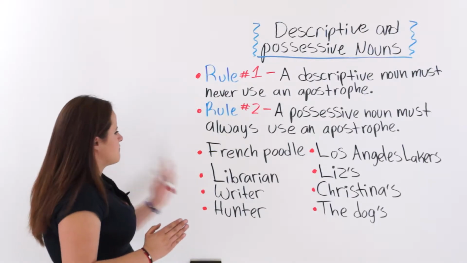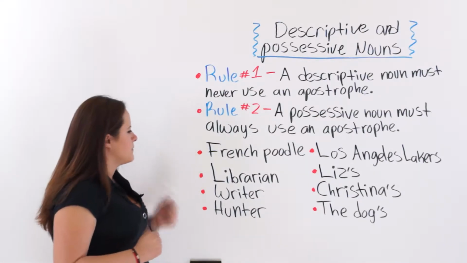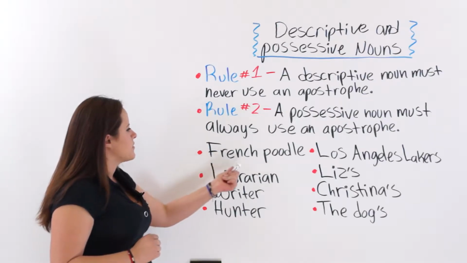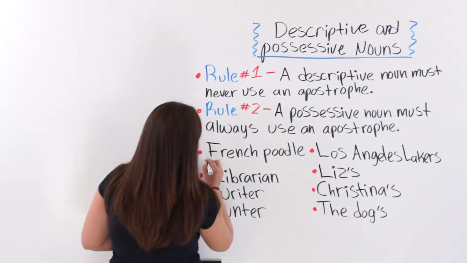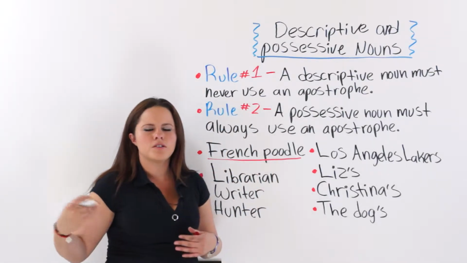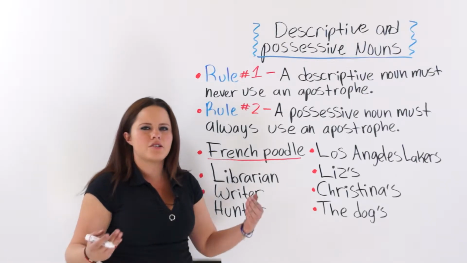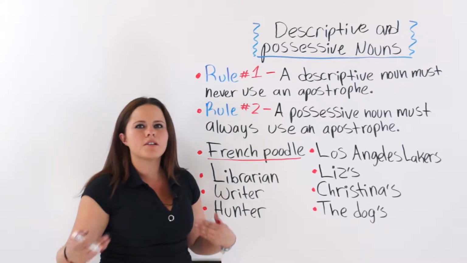All right, I have 8 descriptive and possessive nouns here written. The first one is French poodle. This is a descriptive noun. Why? Because if you said the small dog, it would be an adjective plus the noun. But we want a descriptive noun.